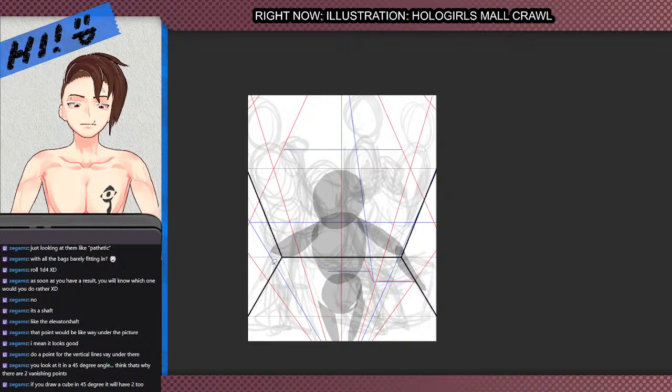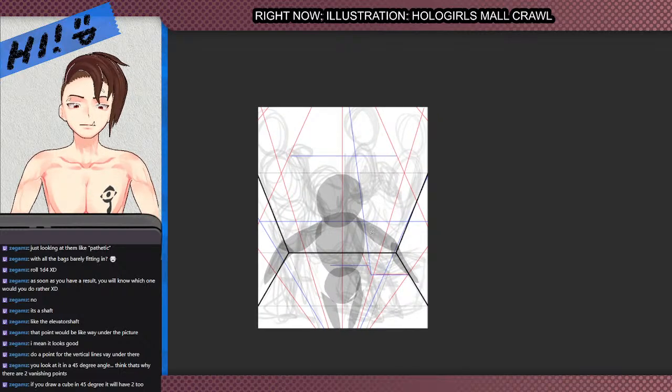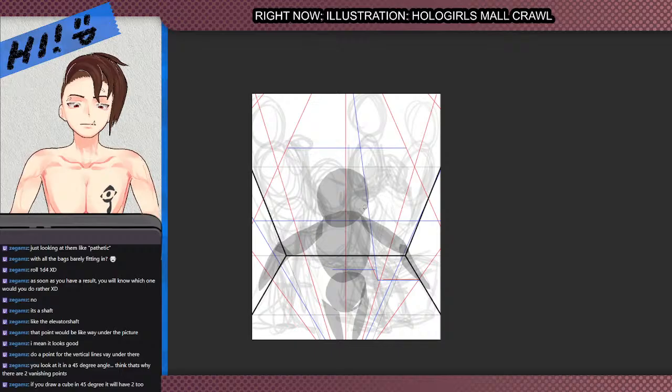Key. Okay, that makes some sense, but whatever.